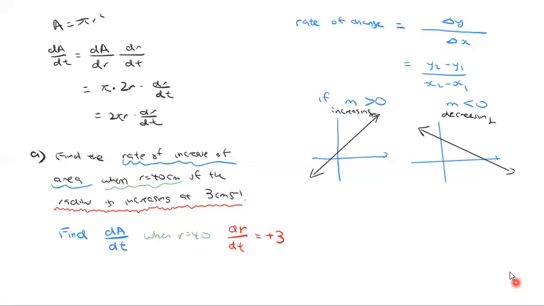So in this question, why is it positive? Because it's increasing. Correct. So it is positive 3, but you need to pay attention to the fact that it's increasing rather than decreasing. I think a lot of students, for example, in a different question where it says it's decreasing at 3 centimeters per second, would still write 3 without having considered the sign. And that would just be wrong.